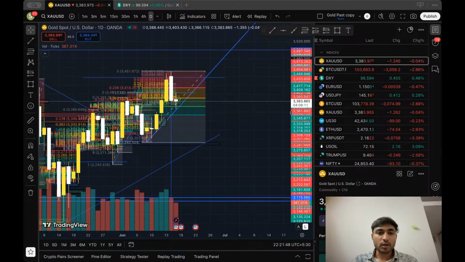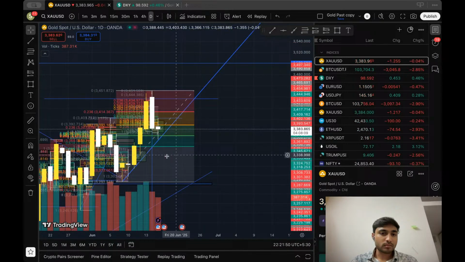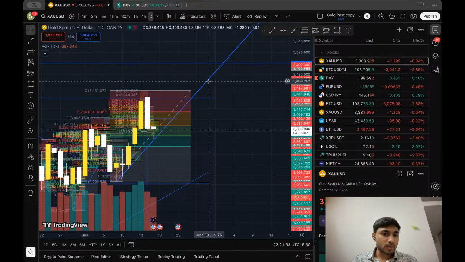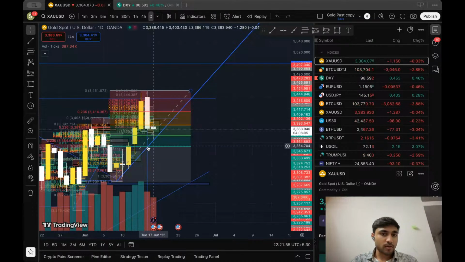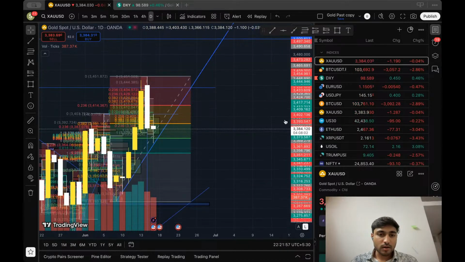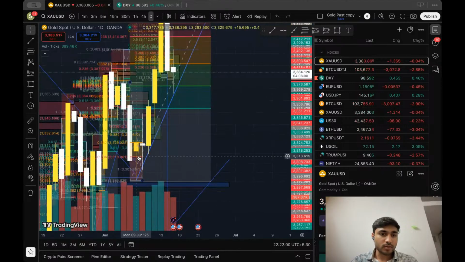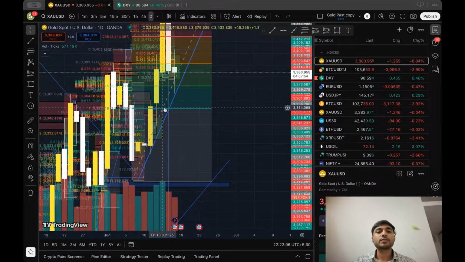It seems to be working quite well. We didn't seem to get a touch out of it, if you know what I mean. It is a trend line trade, taking support from there.